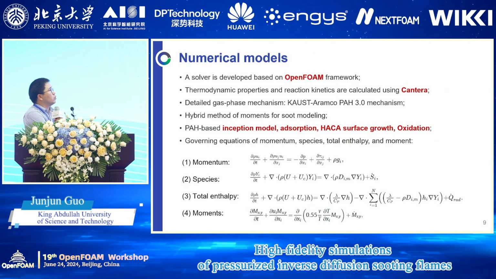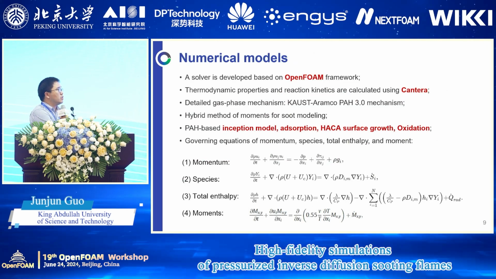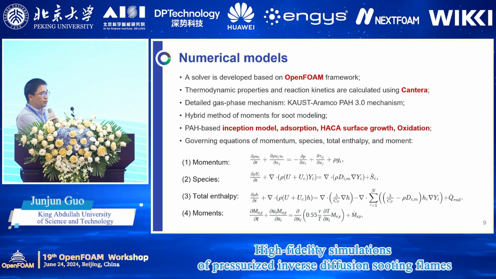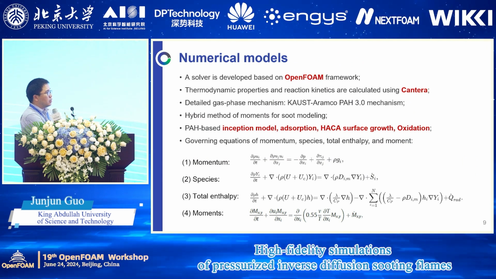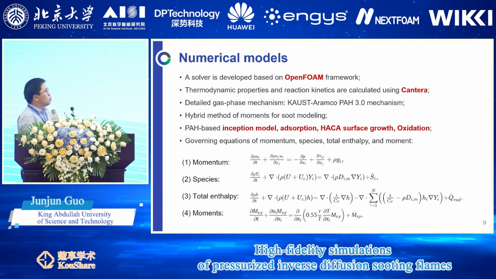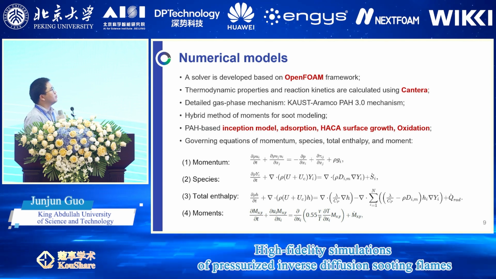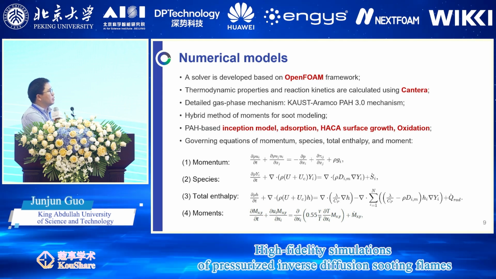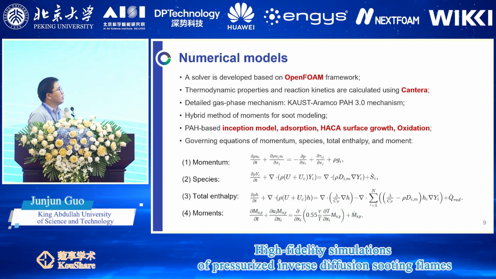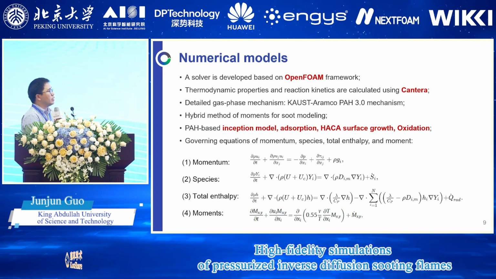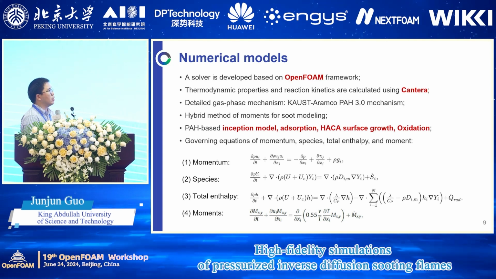So here is the numerical model we are using. We use OpenFOAM, but we do some modification because the default solver cannot handle the transport part well. So we develop a model based on OpenFOAM, and for the thermodynamic property and also the kinetics and transport, we use Cantera.